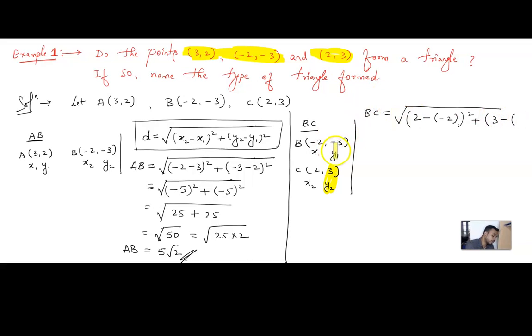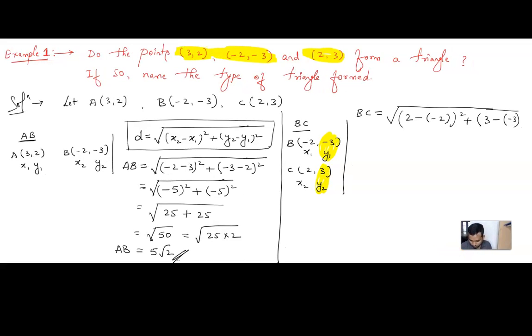Can you see your y1 is minus 3. It means we are getting one more minus, so we have to write in bracket minus 3 whole square. That is x2 minus x1 whole square plus y2 minus y1 whole square.